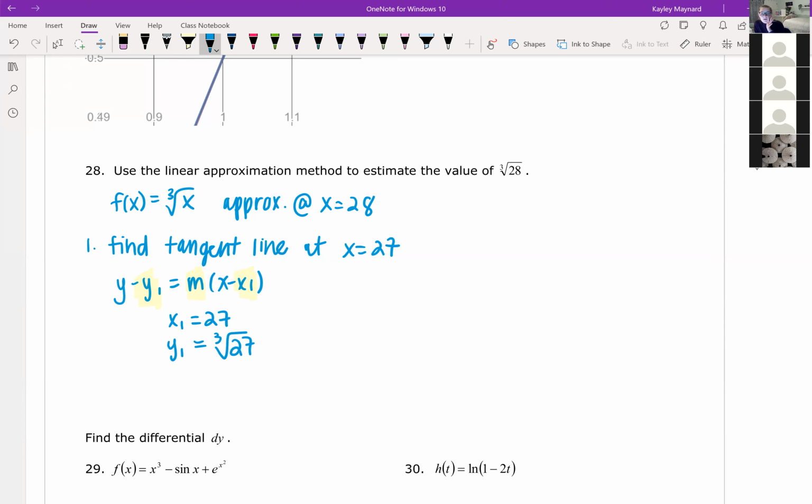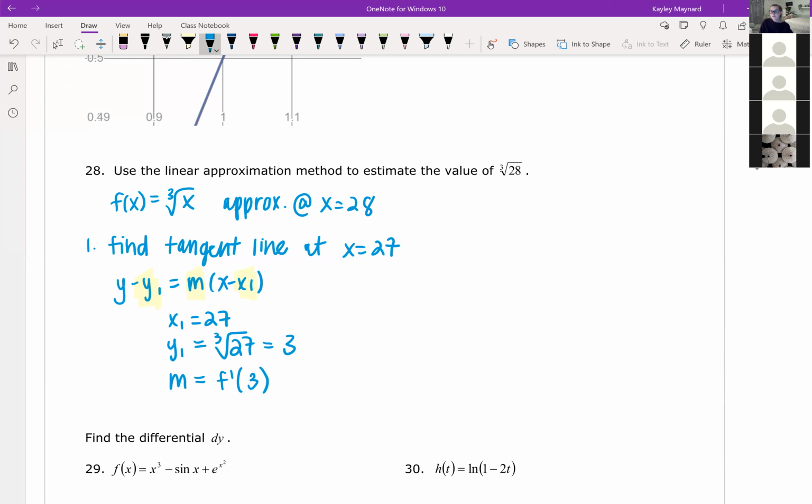And this is a little hint that maybe this is why picking 27 is a good idea, because there's actually a nice cube root of 27. If you were to pick like 29, that's not the nicest number, but 27 has a nice cube root, so it's a good reason for why that was a nice number to pick. And the cube root of 27 is actually just 3.